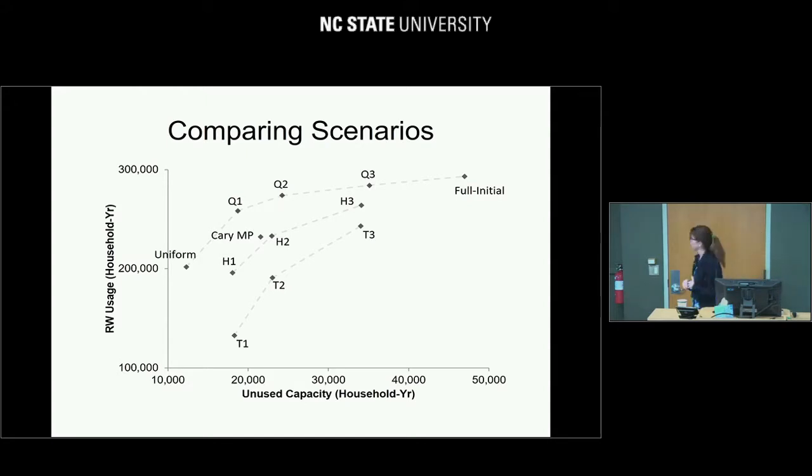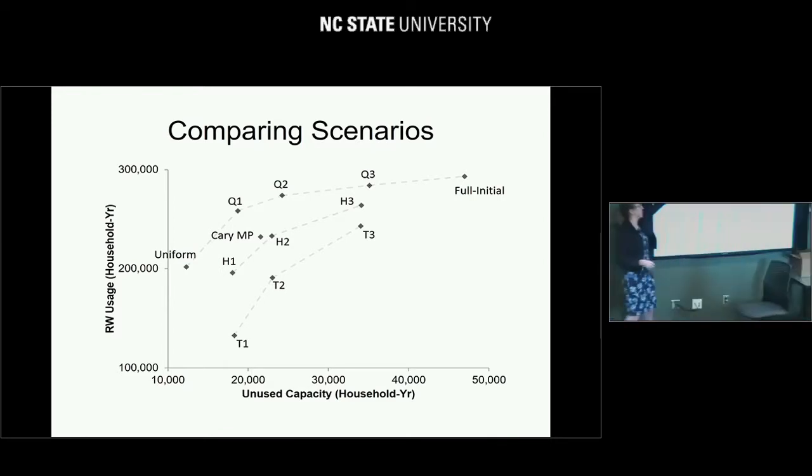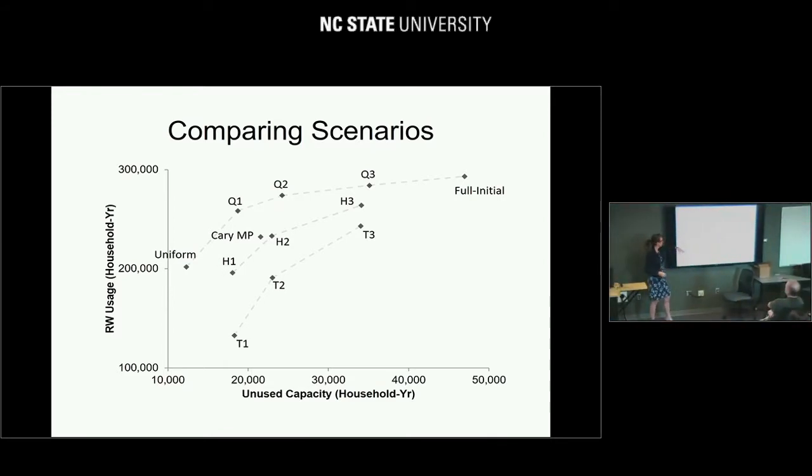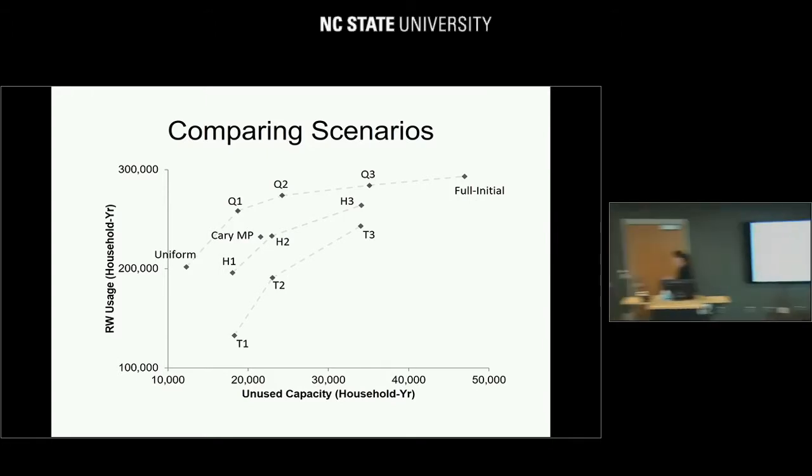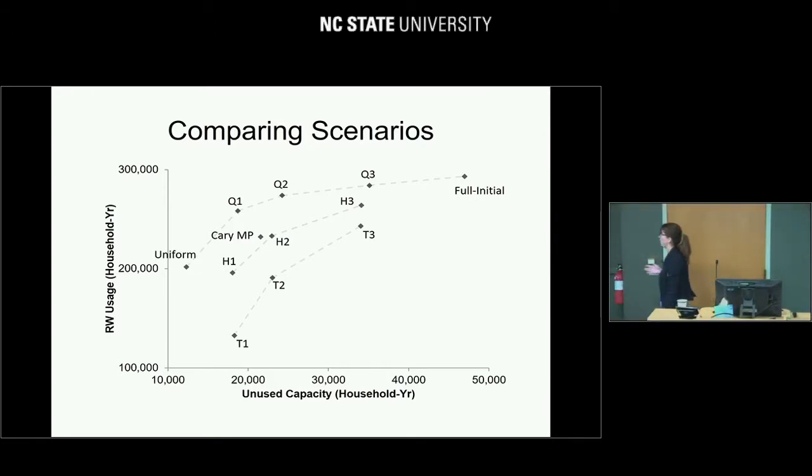We looked at these scenarios based on our two objectives. The ideal solution would be somewhere up here. We want to maximize the amount of reclaimed water being used, and we want to minimize the amount of capacity that's not being used. We can see the full initial has the highest value for reclaimed water usage, but has quite a lot of capacity that's not being used.